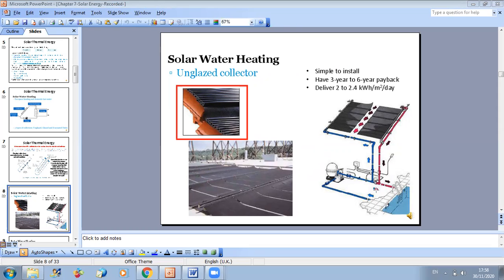This is widely used to heat swimming pools, because in summer solar energy is widely available, and the temperature to which you need to heat is not very large. So this simple system can be used in this case. It has a 3-year to 6-year payback period, which is relatively short.